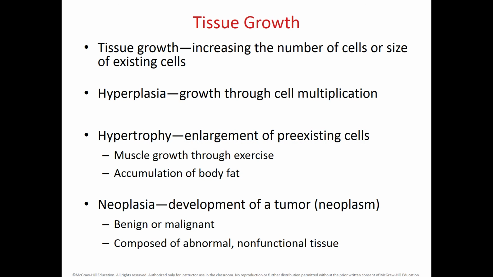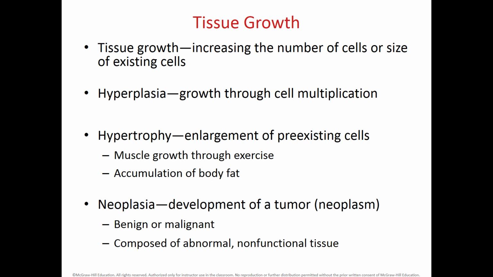Now the tissues will grow for different reasons. They can grow because the organism is growing itself, like in the case of children, or the organism might have received an injury and it needs to repair. Now the tissue will grow by increasing the number of cells or the size of existing cells.